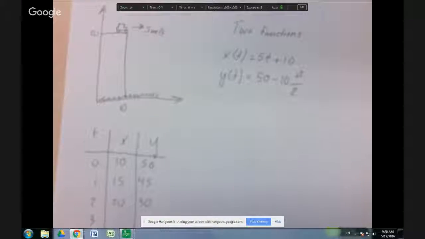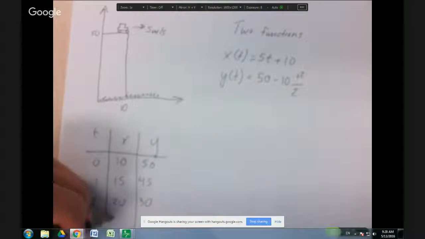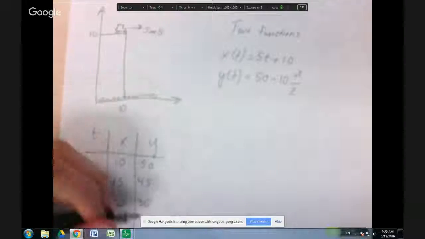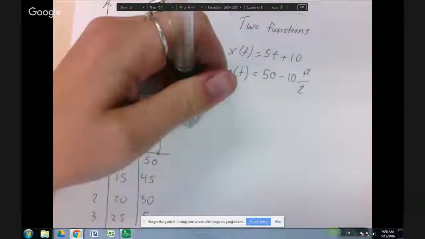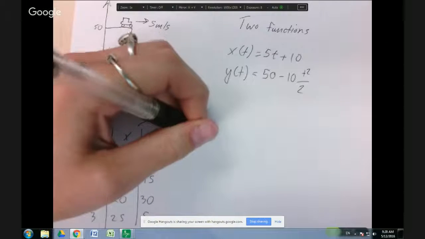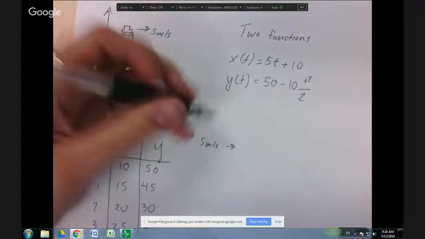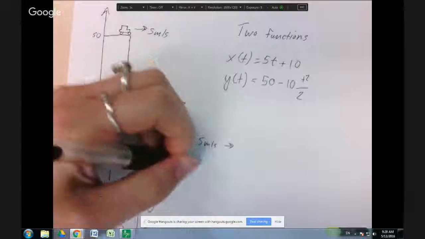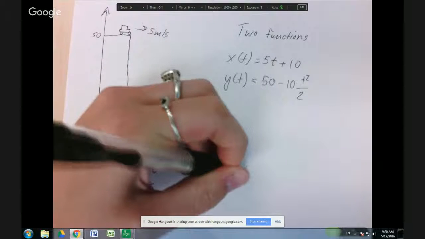And now for time equals 3, we plug 3 into x. That gives us 25. And we plug t of 3 into y, and that gives us 5. So now we can see a pattern with the x. It makes sense because it's simply moving 5 meters per second to the right, like our graph is doing. But y is a bit more dynamic because it takes into account the fall, acceleration, etc.